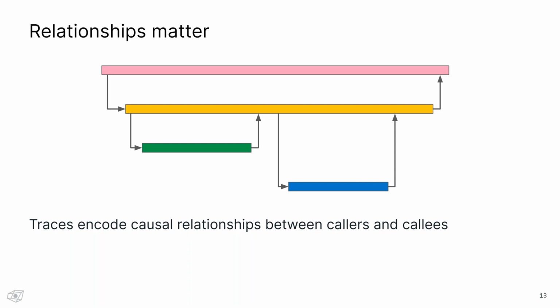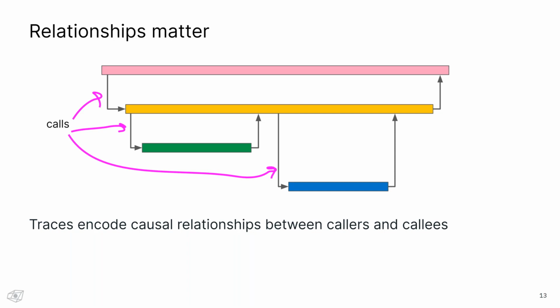But that structure I mentioned is important to how you understand this. Unlike traditional logging or metrics, traces encode relationships between your services. You know where something ends and something begins. So in this case, the lines here are actual RPCs, remote procedure calls between services.